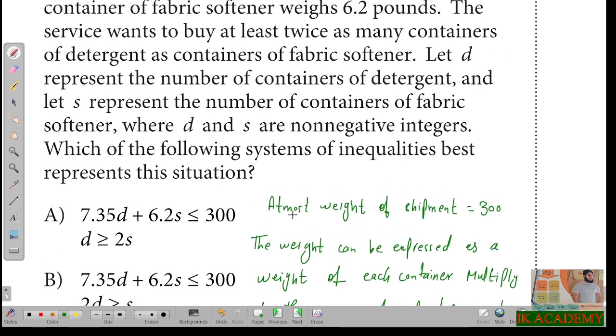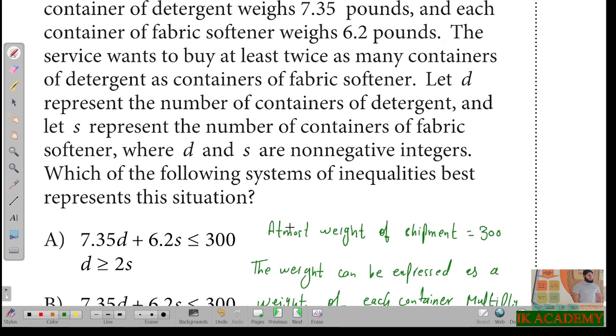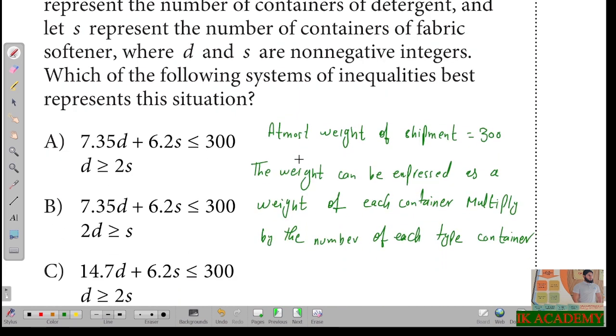So the weight of the detergent containers will be 7.35D, and for the containers of fabric softener, the weight will be 6.2S.